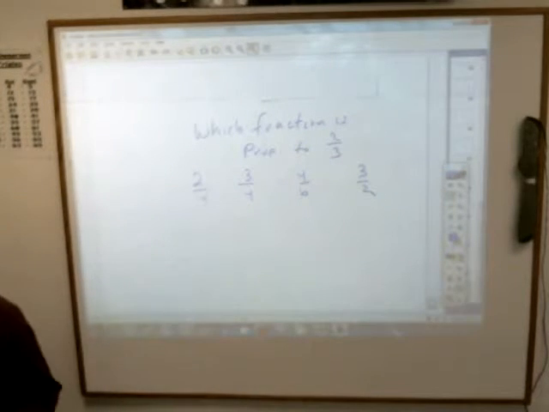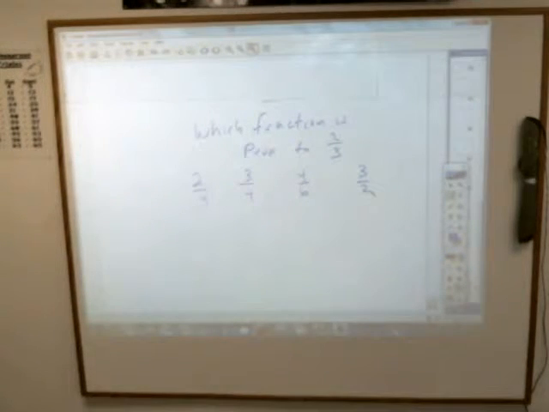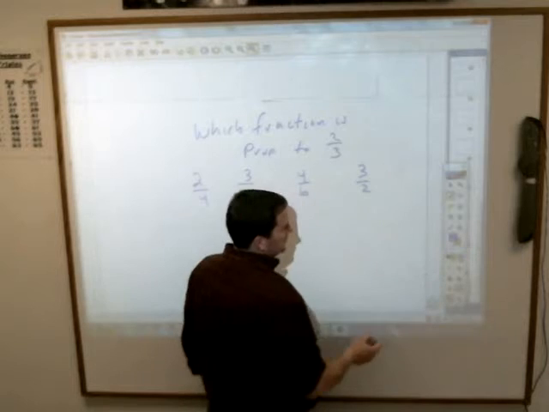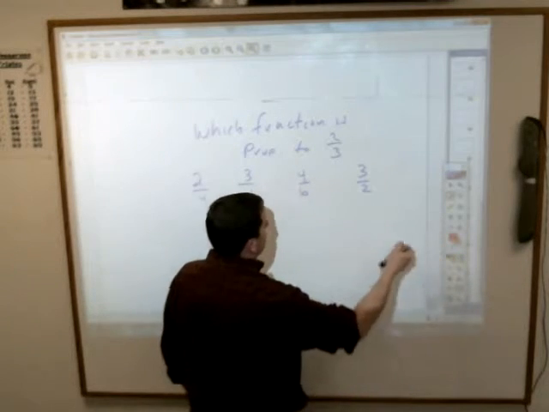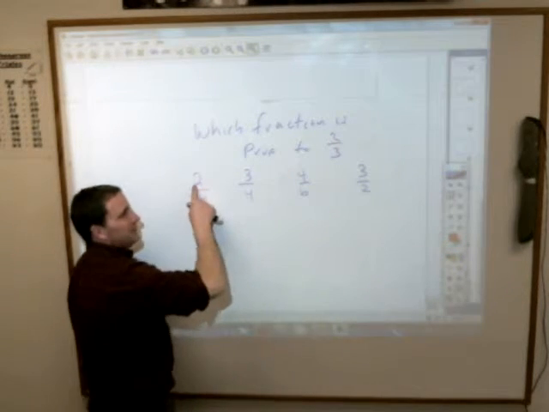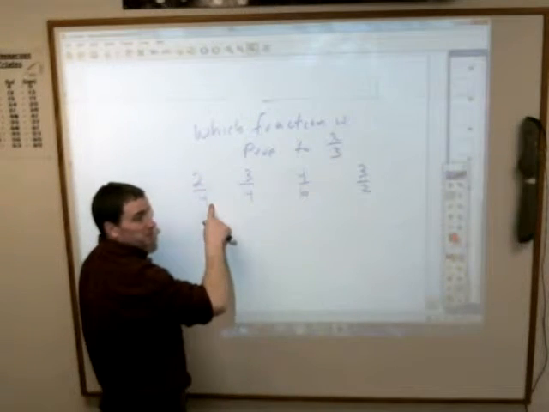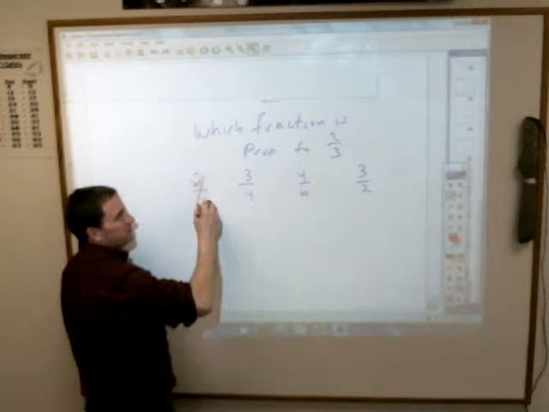Which one of those is proportional? And again, it just simply means which fraction is the same as or equal to 2/3. The way you figure it out is by looking at them here. This one has the same top number, so for it to be proportional, it would have to have the same bottom number. 2/3 would have to equal 2/3, so it can't be this one.